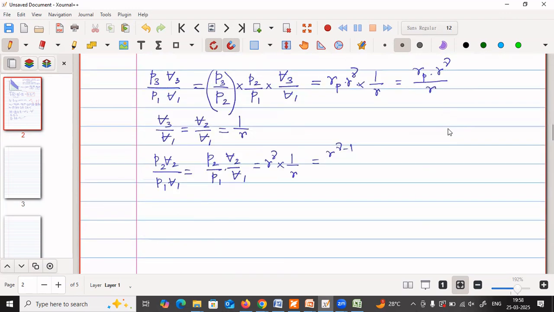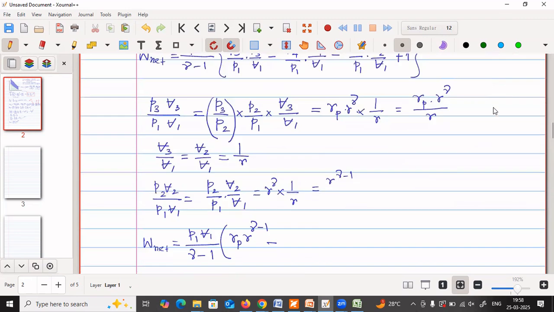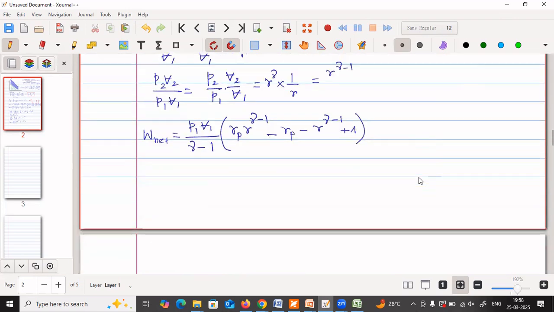So therefore, we can write the work term W net is equal to P1 V1 by gamma minus 1 whole multiplied by Rp multiplied by R to the power gamma minus 1 minus Rp minus R to the power gamma minus 1 plus 1. Okay.